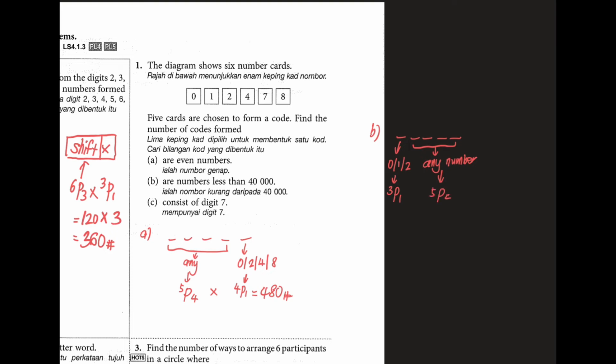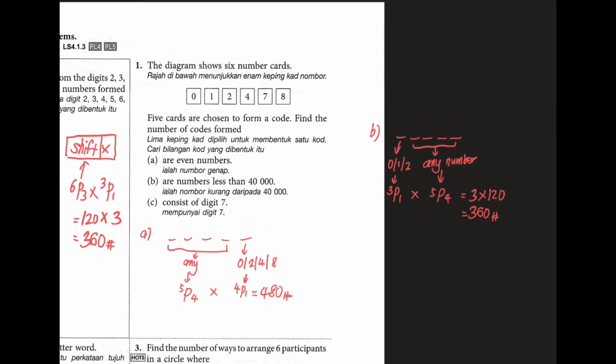Use multiplication rule. Then you will get 3 times 5p4, which is 120. Then you get 360. So this is the second part.